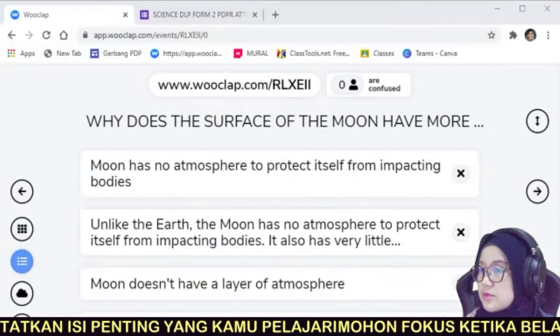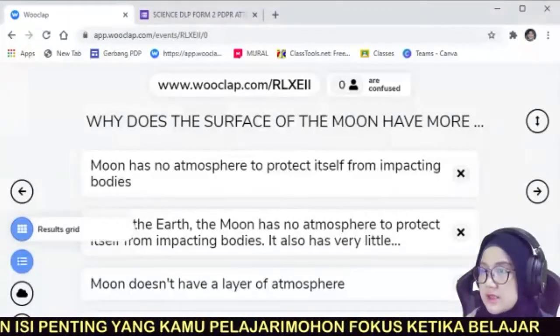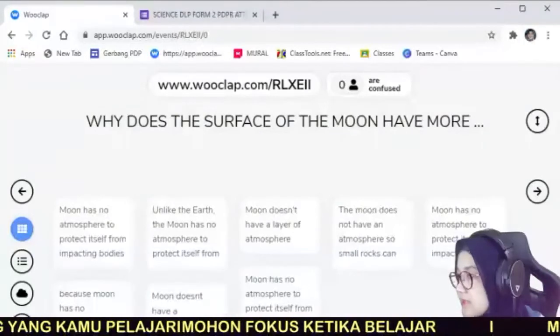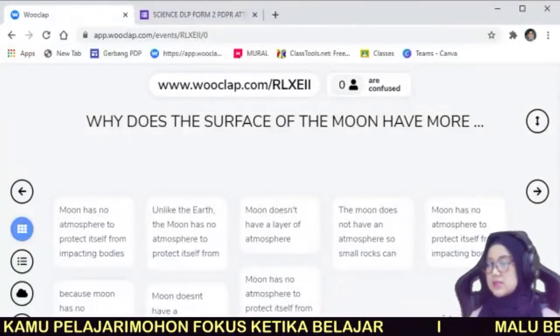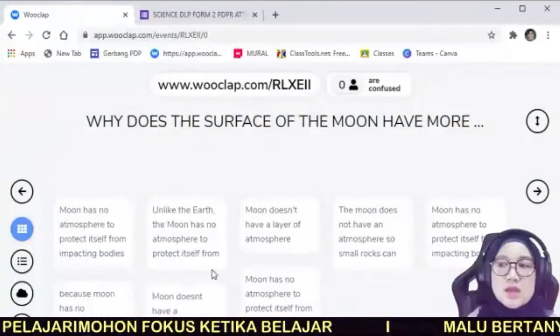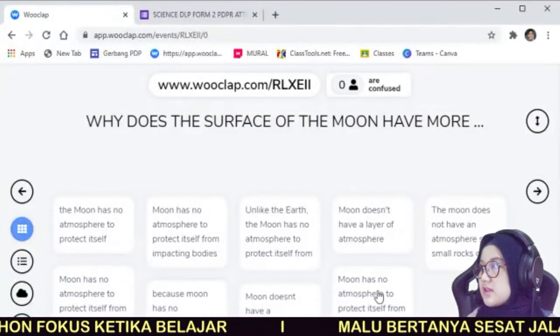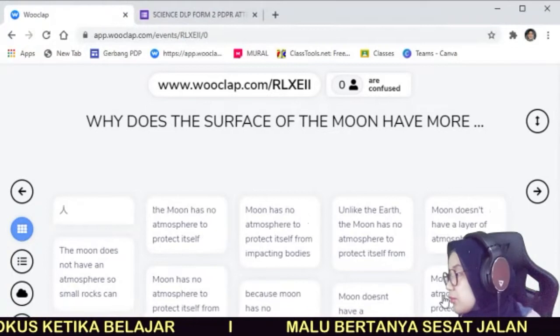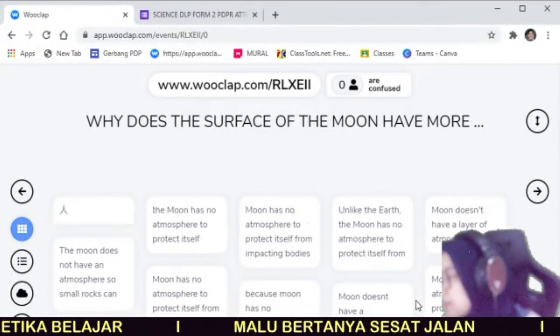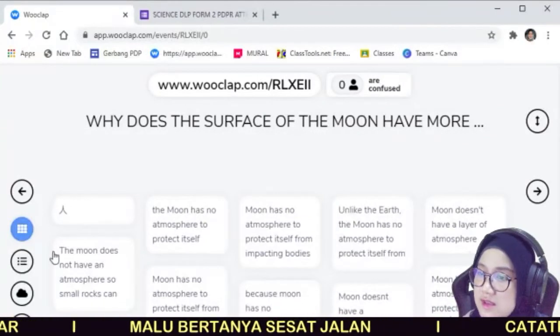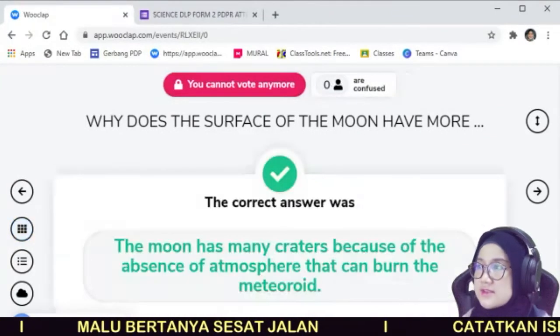And see here, the moon has no atmosphere to protect itself from impacting bodies. Okay, good, the answer is there actually. Let's see the other answers. Moon has no atmosphere to protect itself from impacting bodies. So some of the answers are the same. Let's see the correct answer.